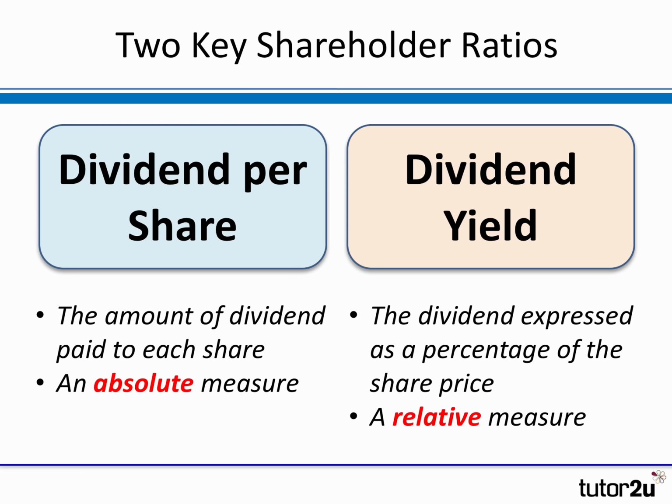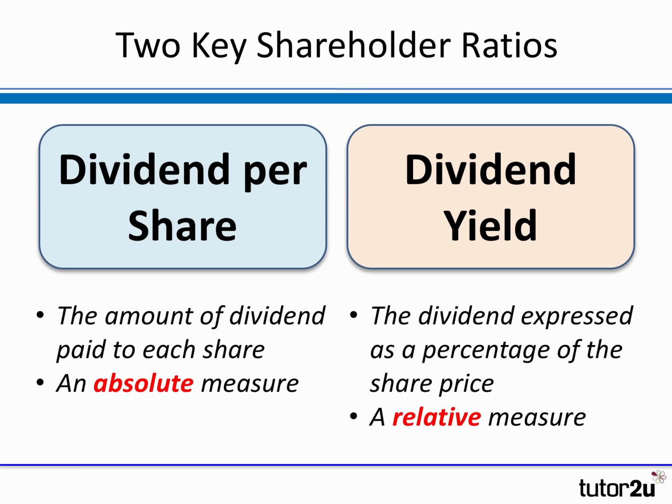Dividend per share does exactly what it says on the tin. It measures the amount of dividend paid to each share. And the dividend is usually declared either once a year or twice a year. It's therefore an absolute measure of return. So if the dividend was 5p per share, that is what the shareholders get for each share they hold, an absolute return of 5p per share.